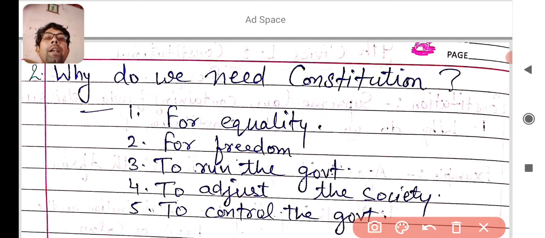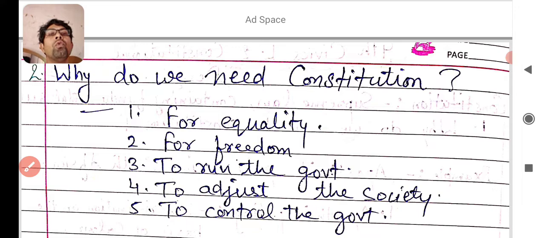The major point of why we need constitution is to control the government, because the limitation of the leader is also written in that constitution: that they can be chosen for 5 years and they can do specific works that are written. So that's why we can say that constitution also puts limits on the leaders and the government. I hope you learned the point now.